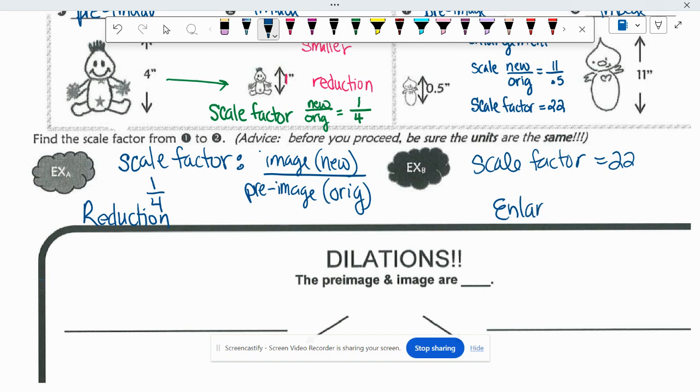And we know that that's an enlargement because it's greater than 1. So when your scale is less than 1, you have a reduction. When it's greater than 1, you have an enlargement. Less than 1 is a reduction. Greater than 1 is an enlargement.